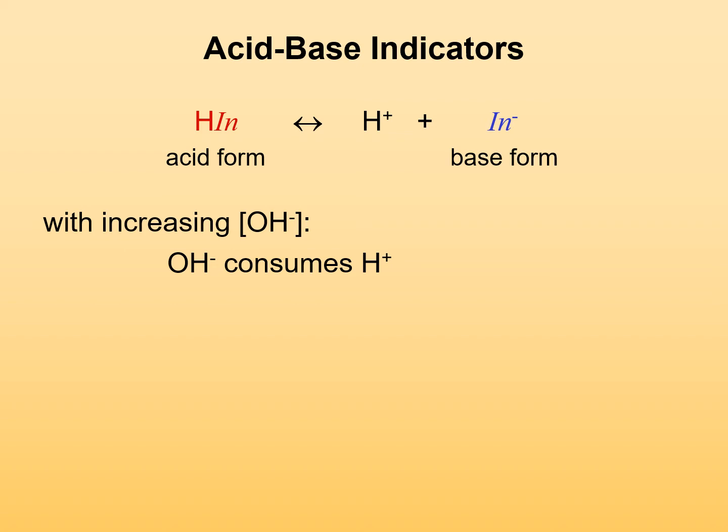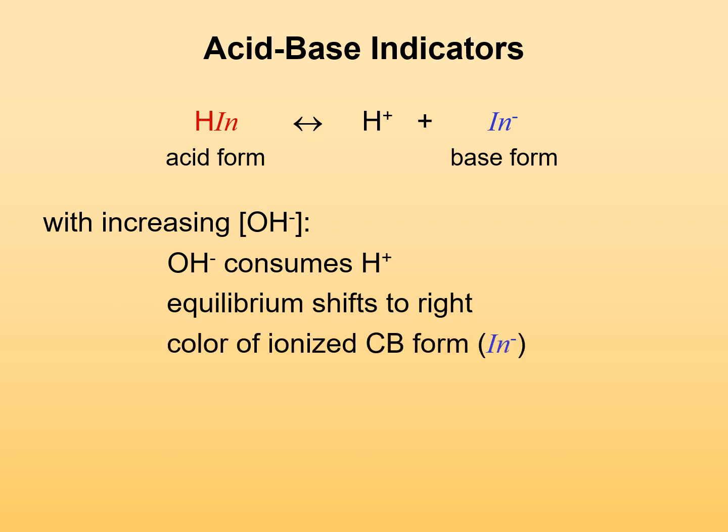This would shift equilibrium towards the right, producing more of the ionized form, the conjugate base, so we would actually see blue. This sample indicator would turn red whenever we add acid to it and turn blue whenever we add base to it.